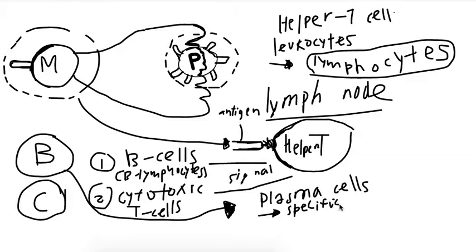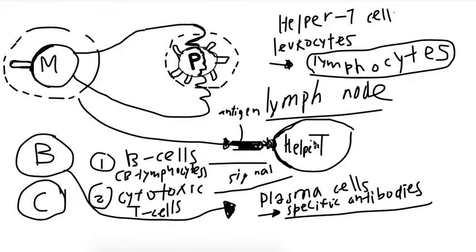You have specific antibodies that are going to be screened, or it's basically clonal selection. It's similar to clonal selection for the creation of monoclonal antibodies, except in this case we have plasma cells which are producing specific antibodies to target this antigen.